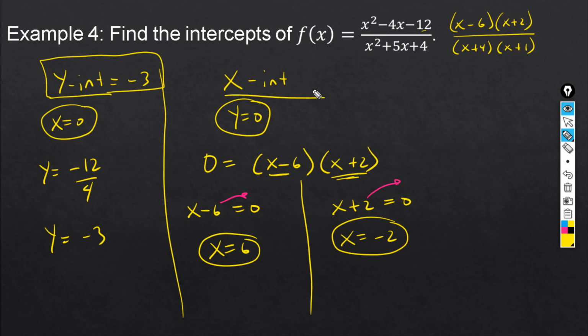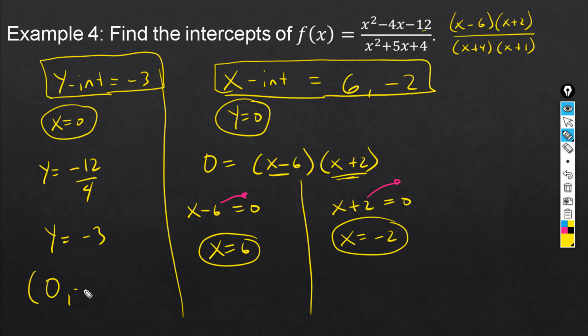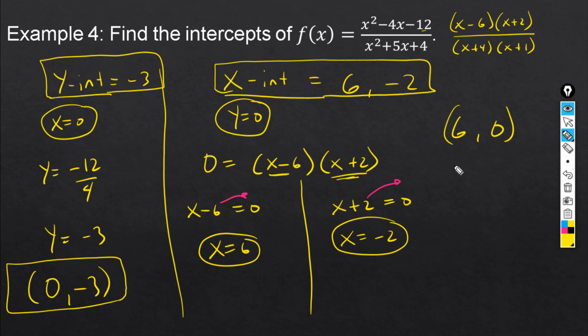Ibig sabihin, yung graph natin mag-intersect sa x-axis sa 6 at sa negative 2. Pwede sulat to as (0, negative 3), yan yung point na mag-intersect yung graph natin. At ito naman, pwede sulat as (6, 0) and (negative 2, 0), kasi dalawa yung x-intercept natin.